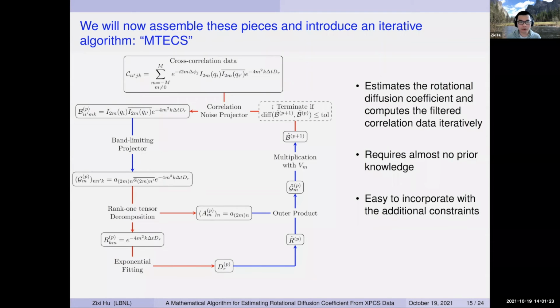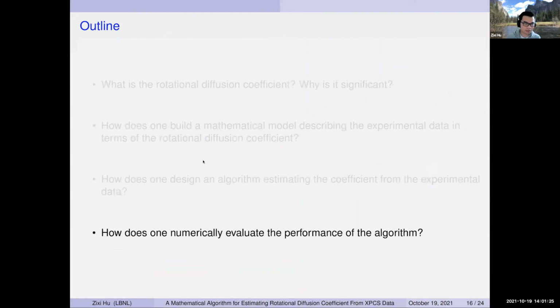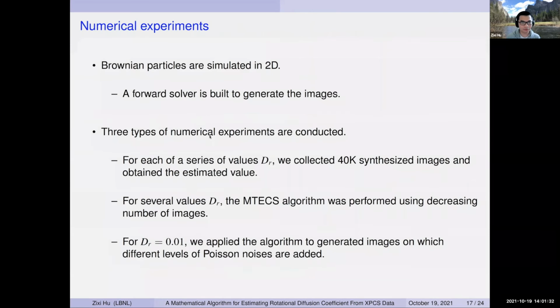As for the construction of the algorithm, the last question is, how does one numerically evaluate the performance of this algorithm? Well, here we first build a forward solver that simulates Brownian particles in 2D to generate the images we need. Then 3 types of numerical experiments are conducted to test the algorithm. First, for a series of different DR between 0.01 and 0.1, for each one of them, we calculate the cross correlation out of 40,000 synthesized images and then apply the MTECS algorithm to give the estimation.